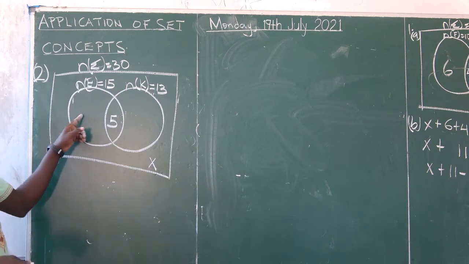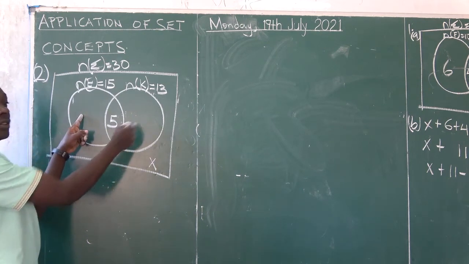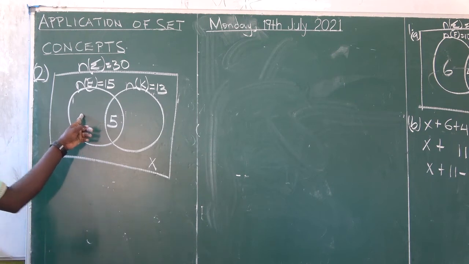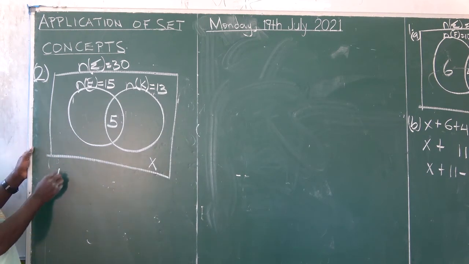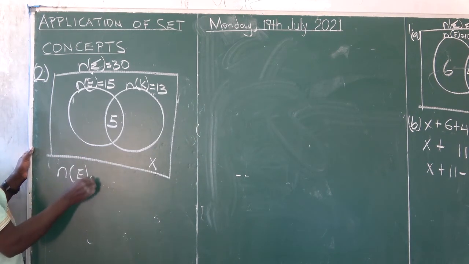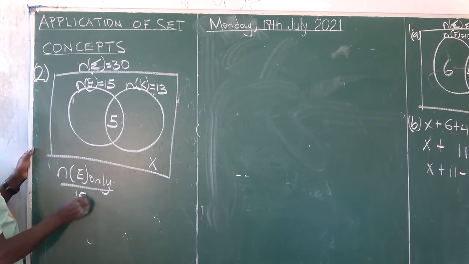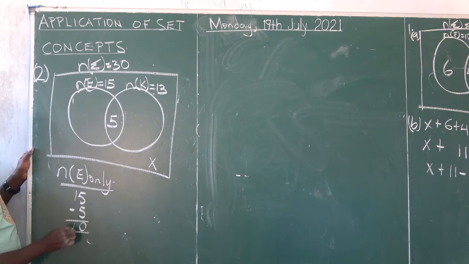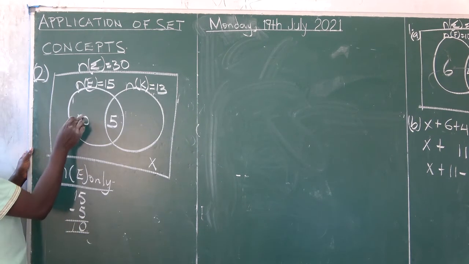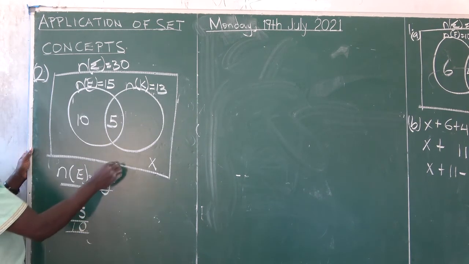So, like we said before, all the inside gaps are formed by subtraction. So we find number of elements in set E only. Those who speak English only are 15 minus the intersection, which is a 5. So subtract properly, you get a 10 to fill in. That is those who speak English only.